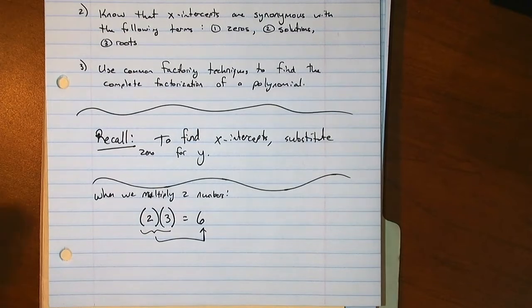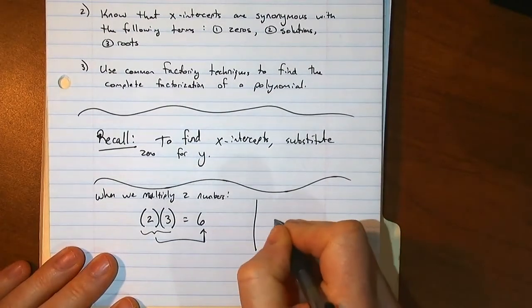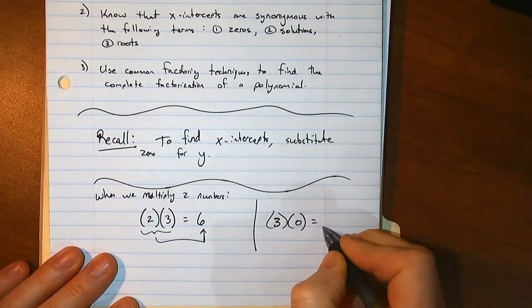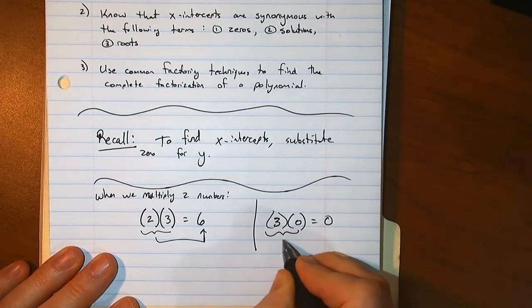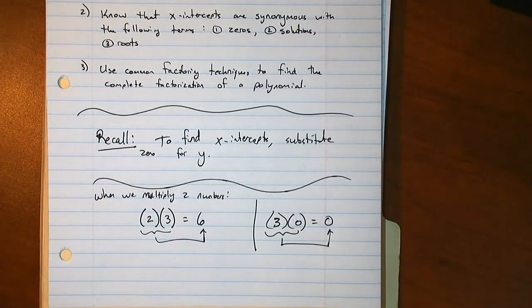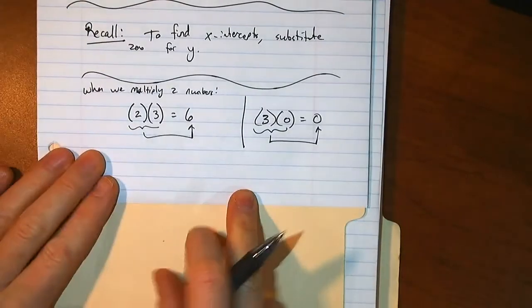That doesn't happen, okay? And similarly, I can take 3 and multiply it by 0, and I know that I'm going to end up with 0. It's always the case when I multiply 3 times 0, I always get 0, okay? But it turns out that there are other rules that we can build off of this.